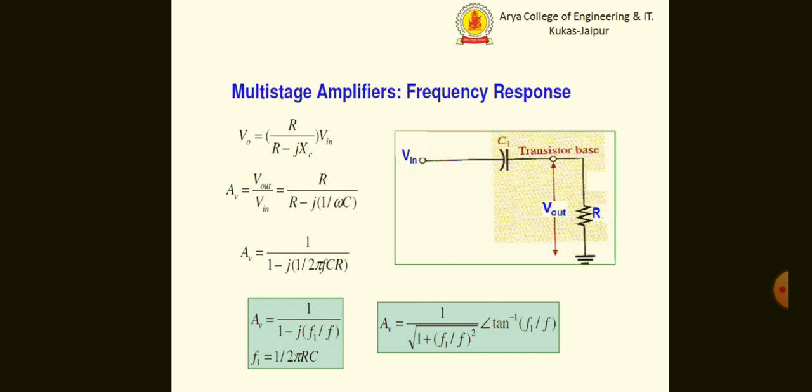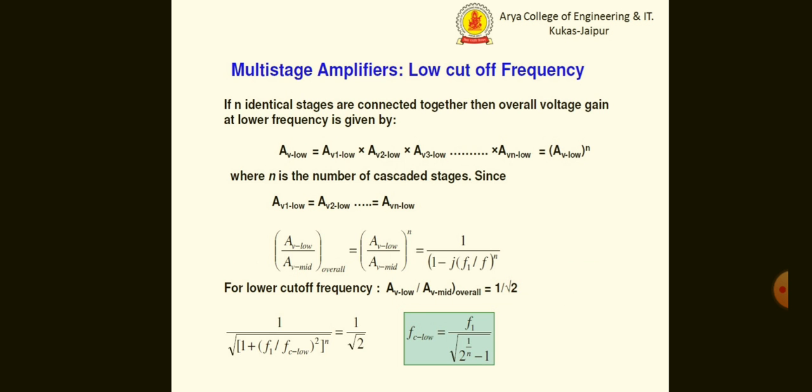The multi-stage frequency response can also be calculated. Here we have found the value of the voltage gain in terms of the applied components, and the voltage gain AV equals 1 upon the square root of 1 plus F1 upon F squared, and the angle is tan inverse F1 by F. We can also find the low cutoff frequency for a multi-stage amplifier for its frequency response.